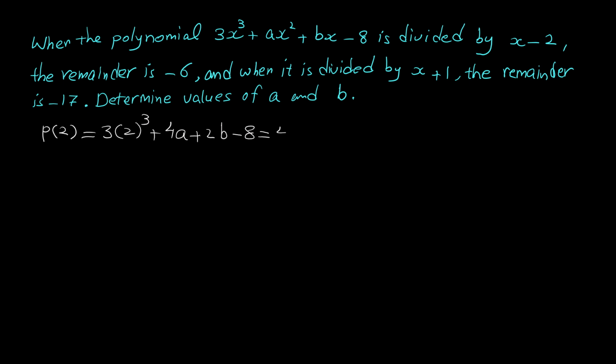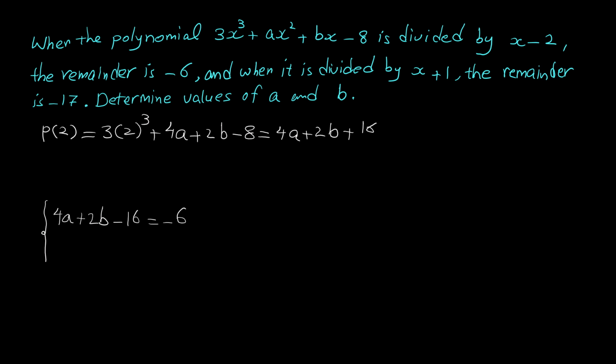So we can rewrite this as 4a plus 2b plus 16. But we know this remainder is negative 6, so this expression should be equal to negative 6. So 4a plus 2b plus 16 is negative 6.